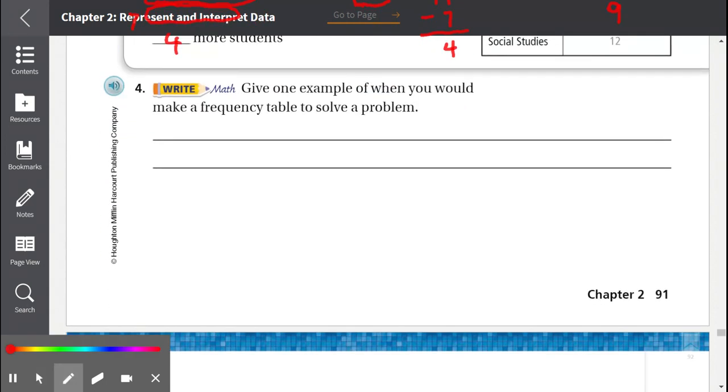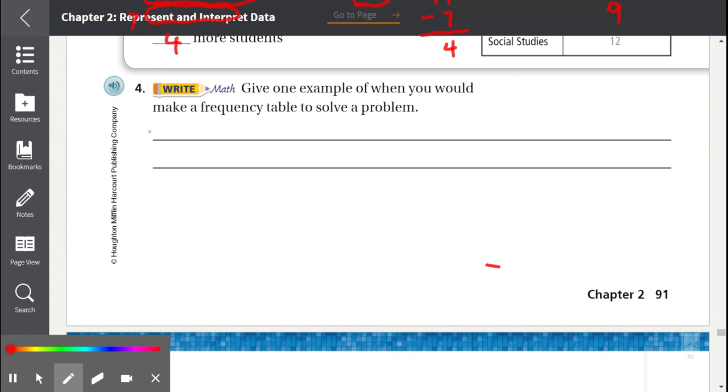Number 4, give one example of when you would make a frequency table to solve a problem. So one example we can do to use a frequency table would be if we were voting on favorite food.